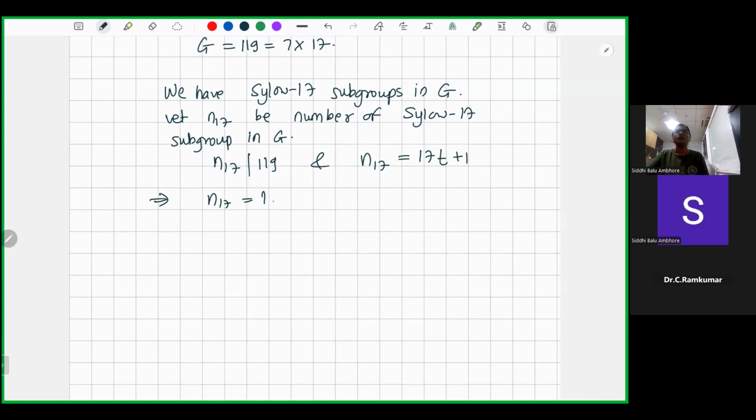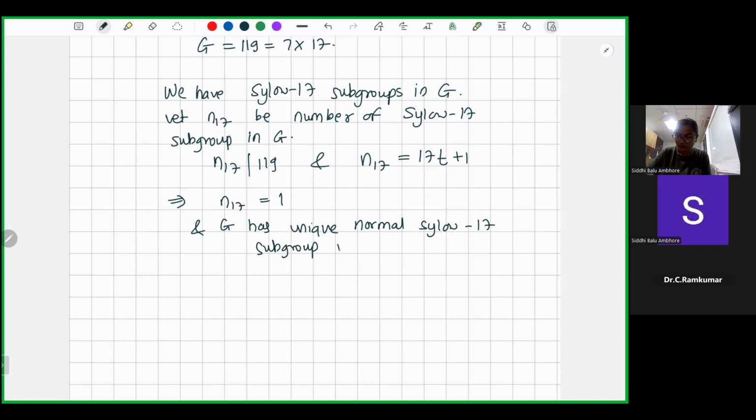So N17 divides 1 and so on, you can check, and this will imply that N17 is 1, and G has a unique normal Sylow 17 subgroup in G.